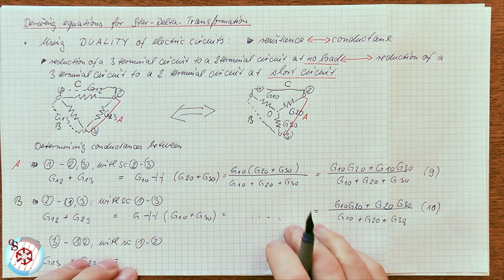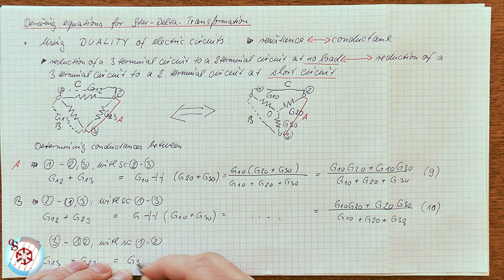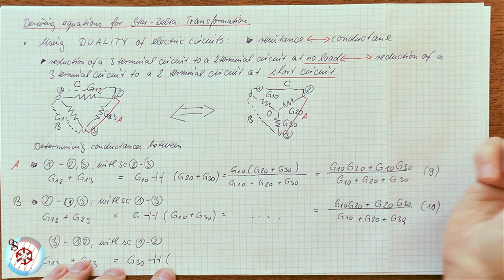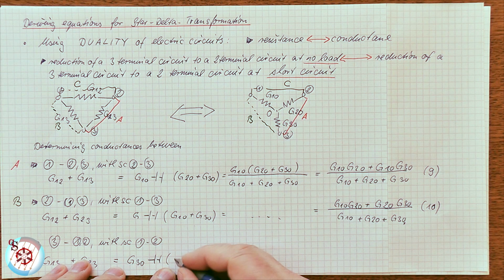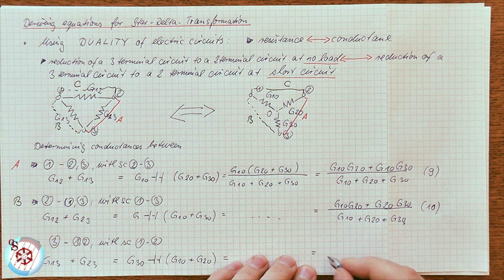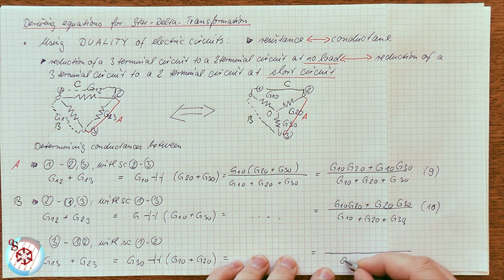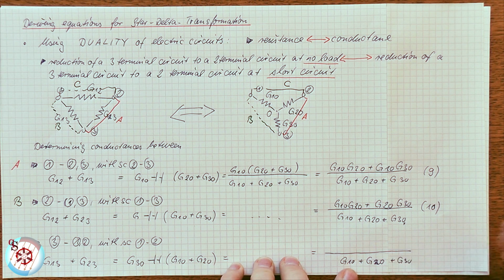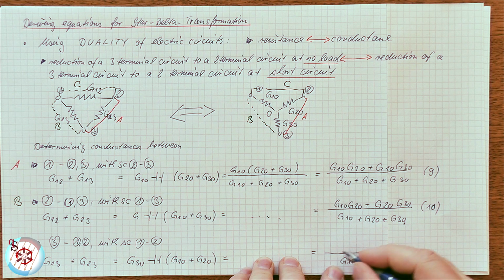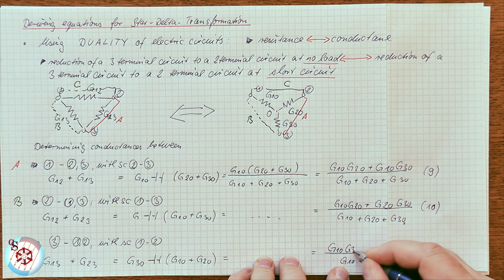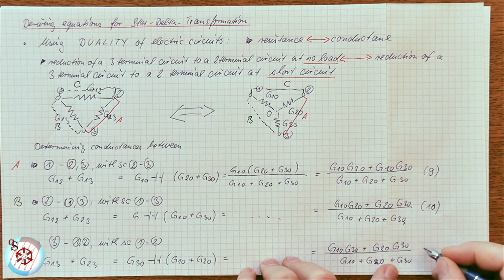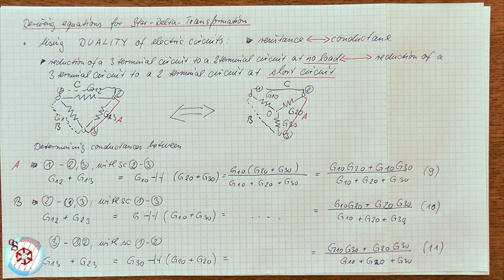And that equals G30 connected in series to the paralleled conductances G10 and G20. And that leads us to this fraction. Again, we have the sum of all three star conductances, and the numerator is then G10, G30 plus G20, G30. And that's equation 11.